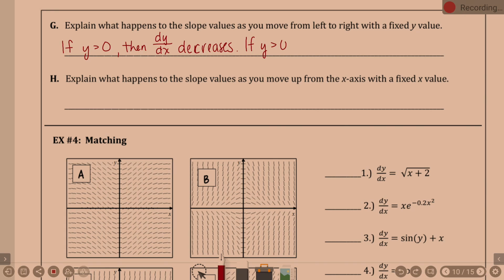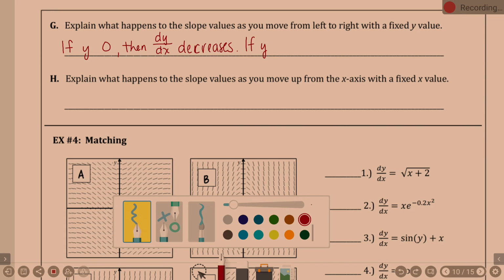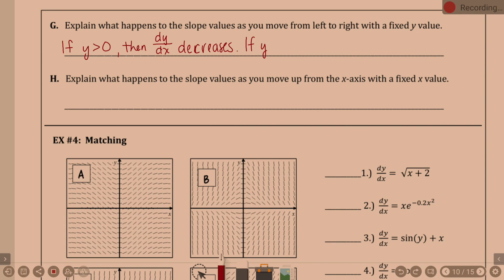Dang it. Don't try and hurry, Amy. If y is greater than 0, then dy/dx decreases. If y is less than 0, then dy/dx increases as you move left to right.